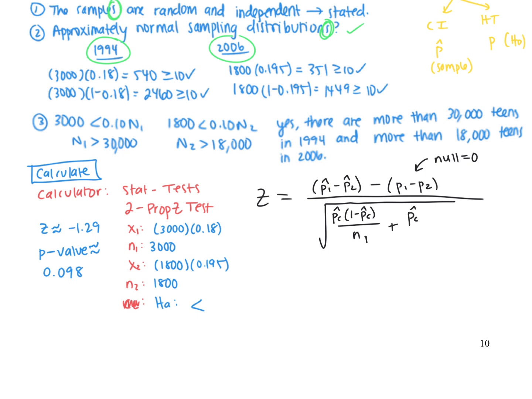And then we have pc hat, 1 minus pc hat over n2. And right now you should be thinking to yourself, what the heck is pc hat? Never seen that before. Which you haven't. There is another formula where you would have to find pc hat first before you can plug it in. pc hat is n1 p1 hat, add n2 p2 hat, over n1 add n2. This is a pooled value.